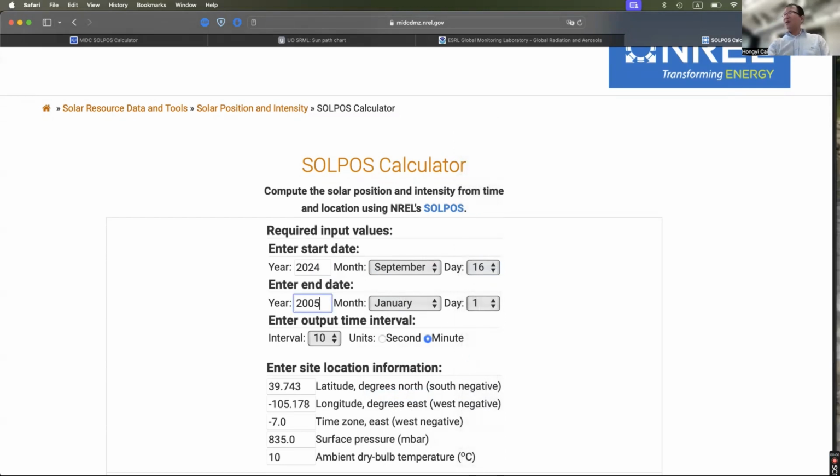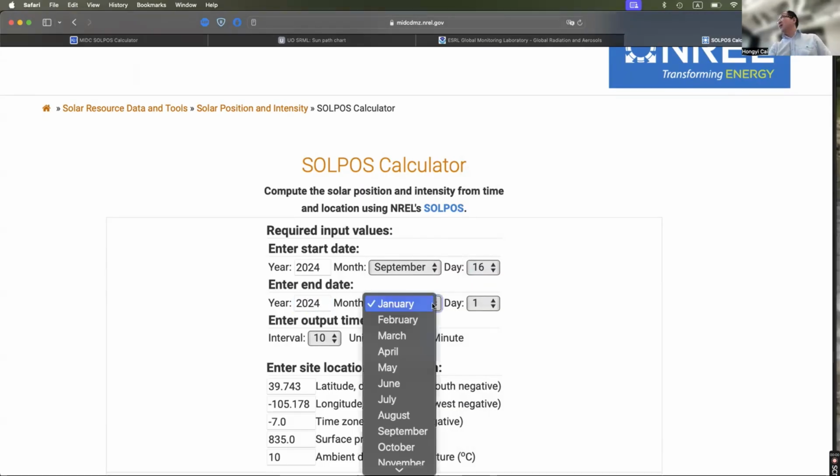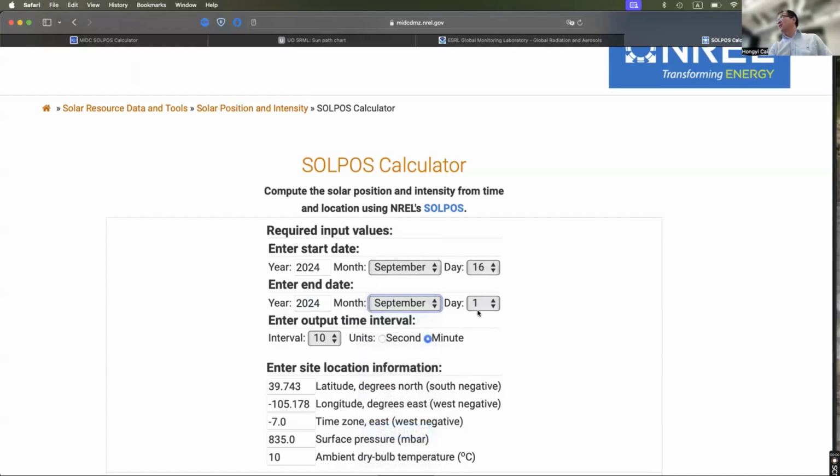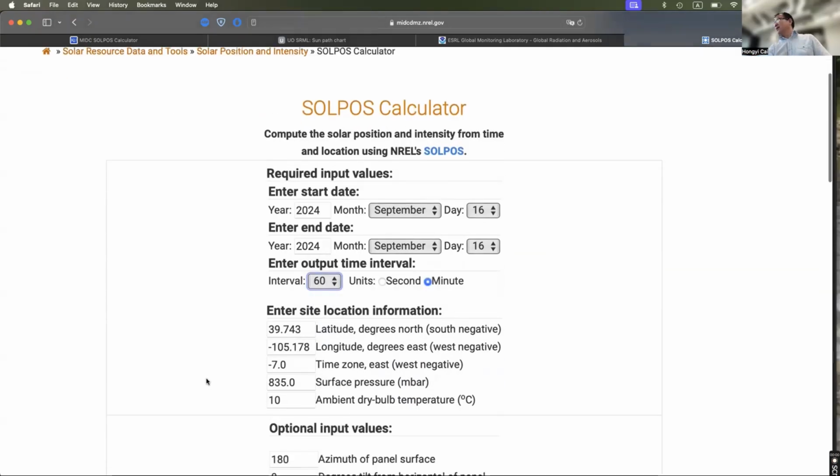Let's just do one day, right? Even for one day, it will be a lot because this one calculates every time interval you define. At 10 minutes, it will be too much for us. So let's do 60, every hour. And then end the site.